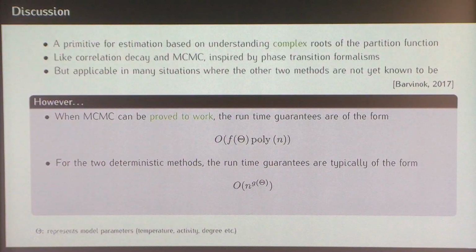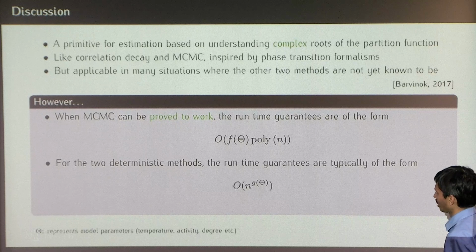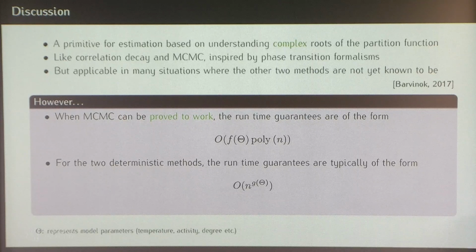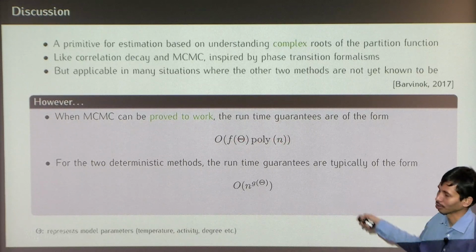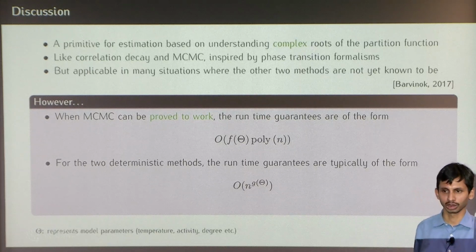One thing I would like to conclude with is that I mentioned these deterministic algorithms, like correlation decay and zeros of polynomials, but they have one disadvantage compared to Markov chain Monte Carlo algorithms: their dependence upon how far you are from criticality is very bad. Sometimes the Markov chain algorithm will also have some dependence upon how far it is from a phase transition boundary, but the dependence would be mild, like the running time being polynomial in n times a factor that goes to infinity as you approach the transition boundary.